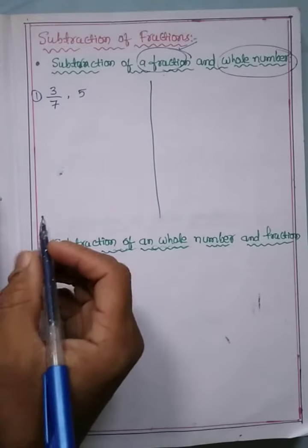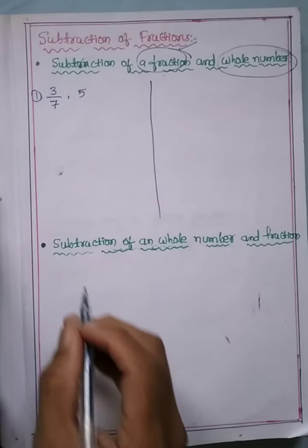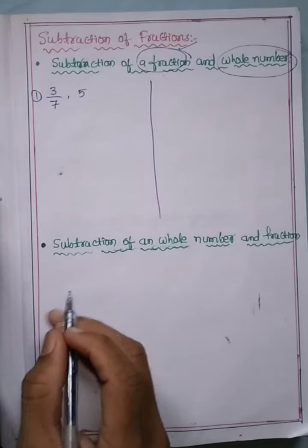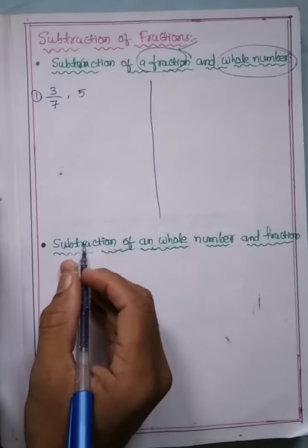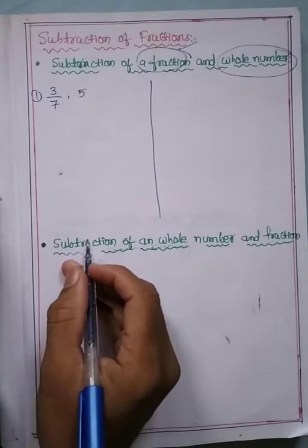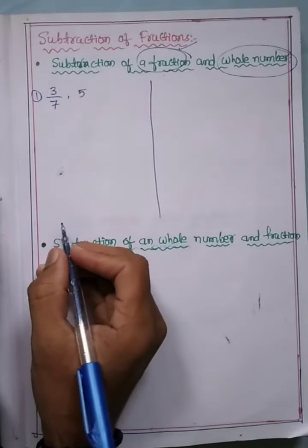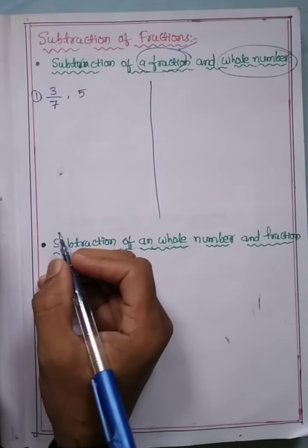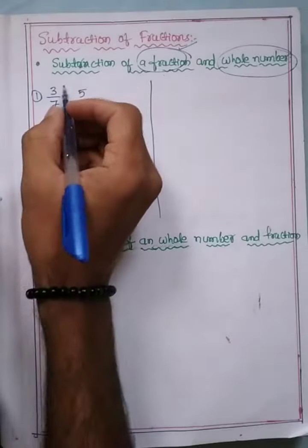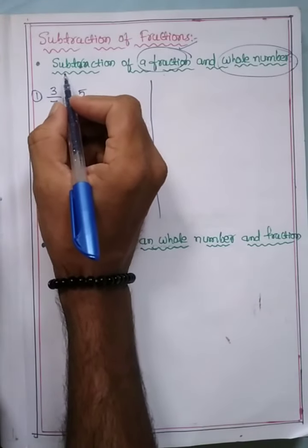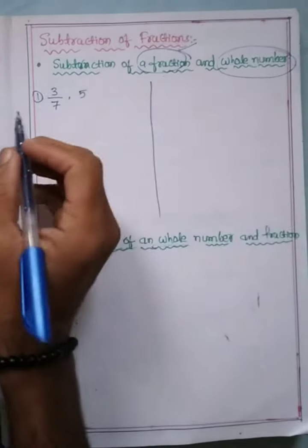You can choose any number as you wish. Take some problems on your own. After completing this concept, it is better to practice yourself also. Then only you can get clear knowledge of this concept. Anyhow, now let me move to the concept of subtraction of a fraction and whole number.